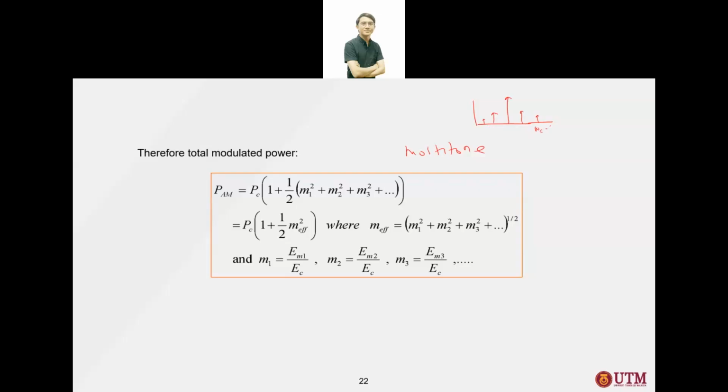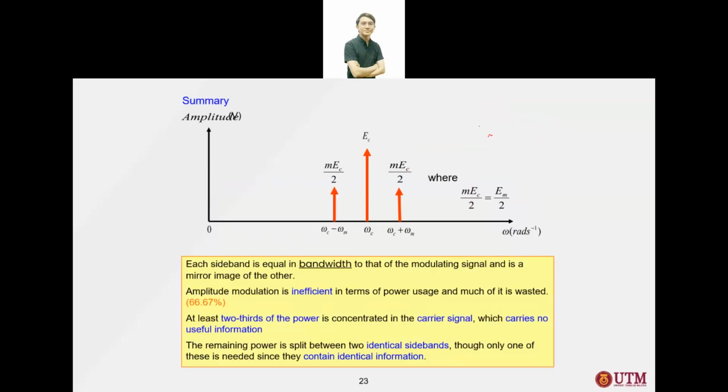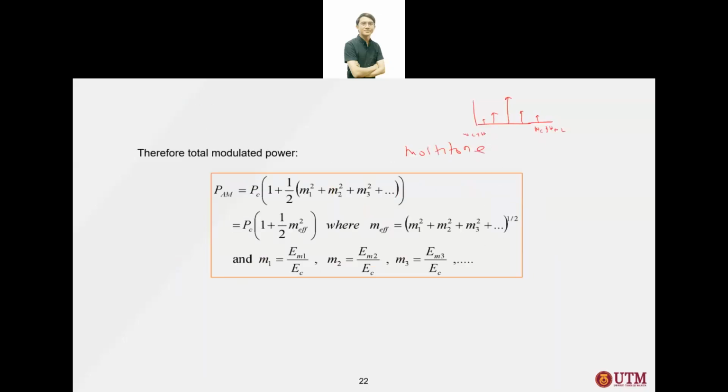We say omega C minus omega M2, and then omega C plus omega M2. So in this situation we have two messages, VM1 and VM2, which means they have two different values of M. That's why we have M1, M2, M3, and so on, depending on how many signals are present.